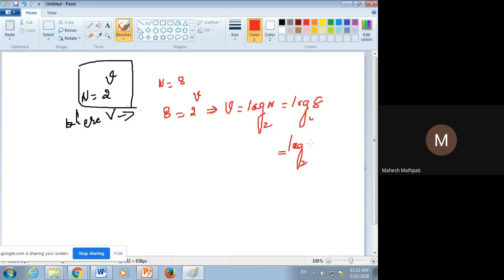This 8 can be written as 2 to the power 3, so this equals 3 log to the base 2 of 2. What is the answer? 3. The value of v is 3. This means if you want to calculate this 8-point DFT, how many stages do we require?